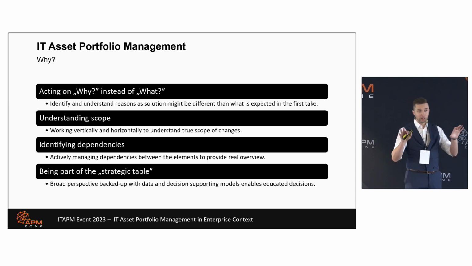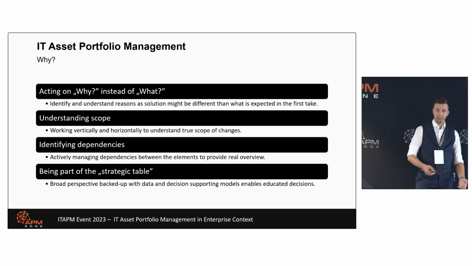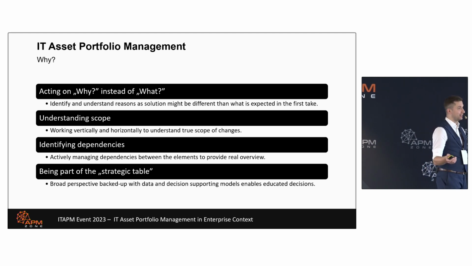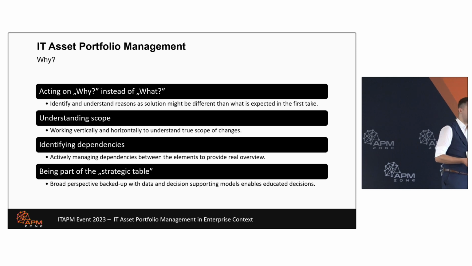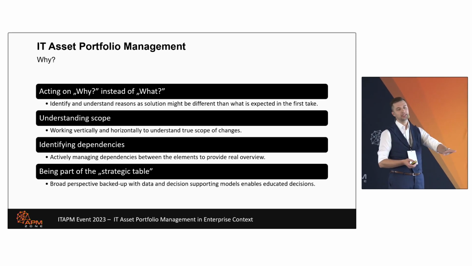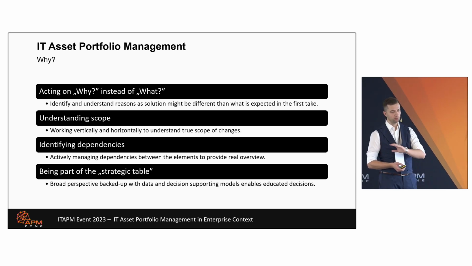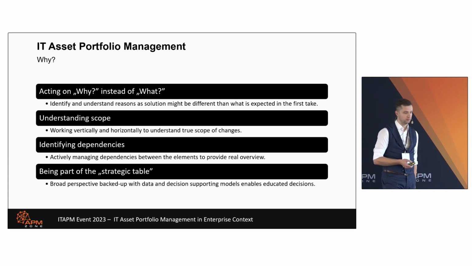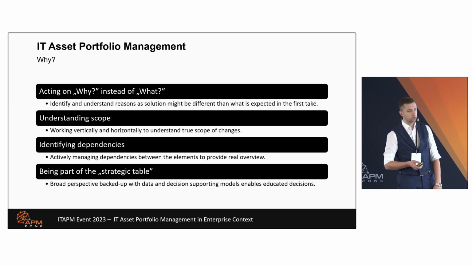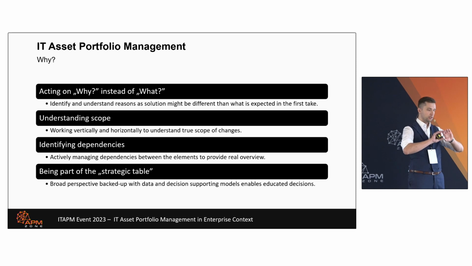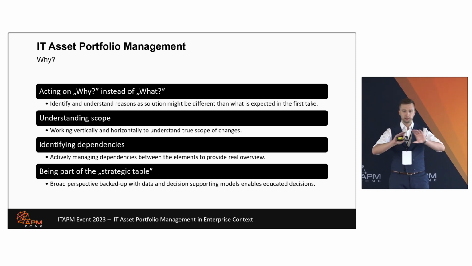I can tell you, even organizing this event, the gentlemen working on the right, they actually explained a lot of stuff that I didn't know as a client, right? They said, but if you want to solve that, you need XYZ. That's actually this part of why, what do you want to solve? Then understanding the scope. Usually the asset management works horizontally. So if we are talking about the licensing, then it's the licensing.